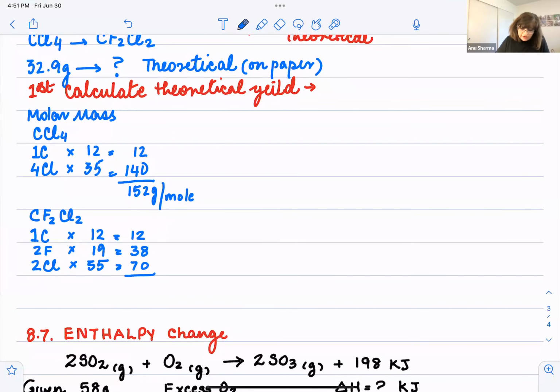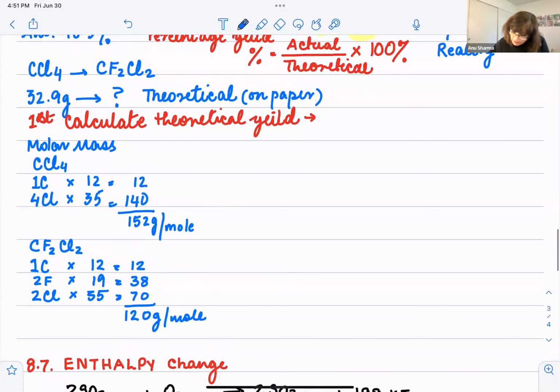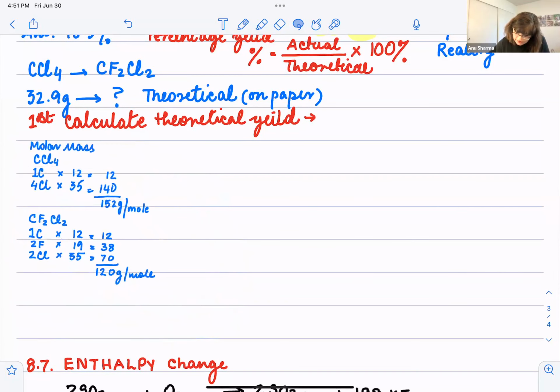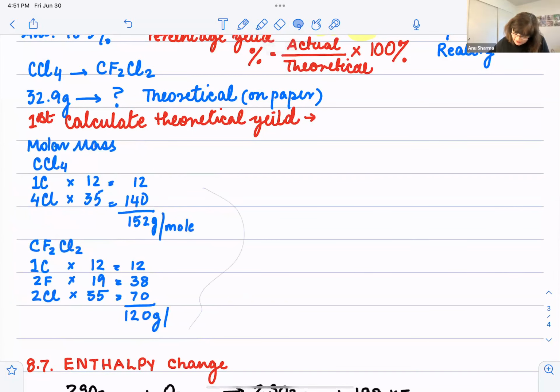Add these: 70 plus 38 plus 12 gives 120 grams per mole. All right, so these are the molar masses. Put them on one side. The same scheme is going to be followed for the theoretical yield. It's the same story.